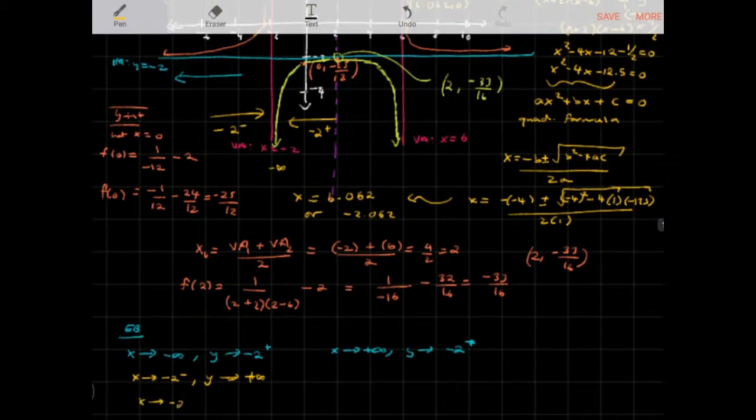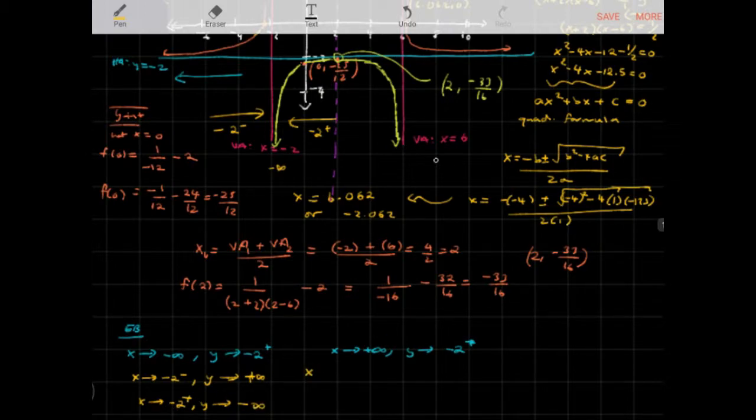As we approach the vertical asymptote from the right side of negative 2, y approaches negative infinity, because we're going this way and the trace is going downwards. You're looking at the trace in green this time.